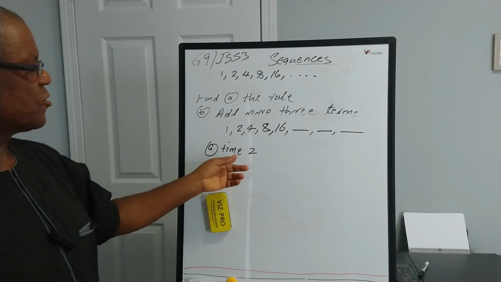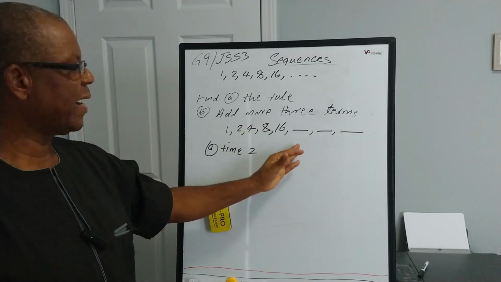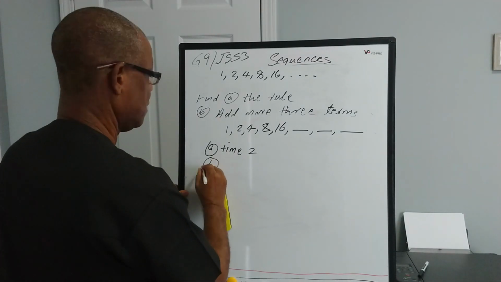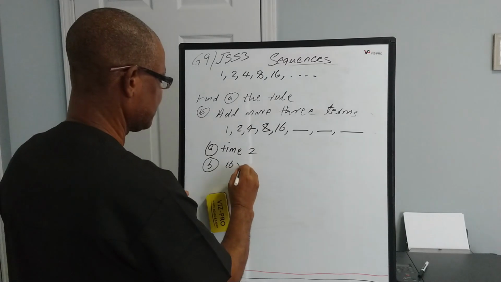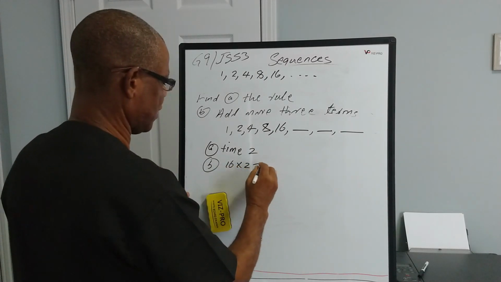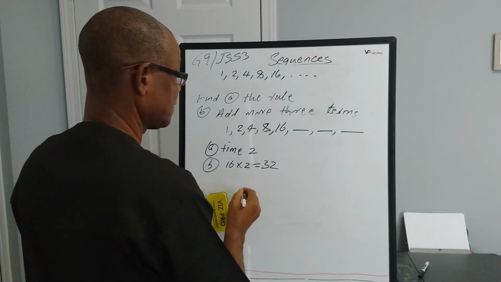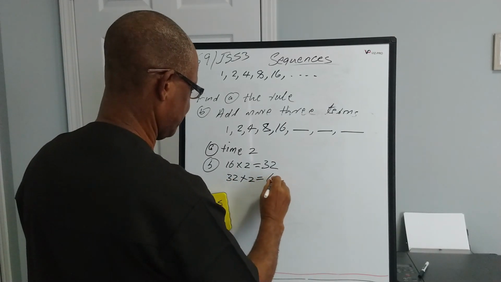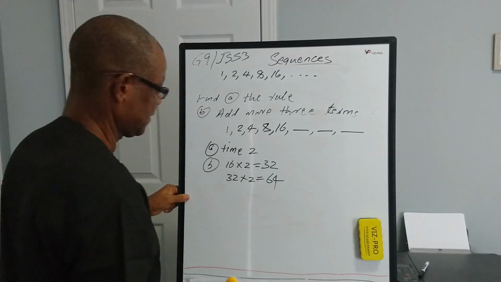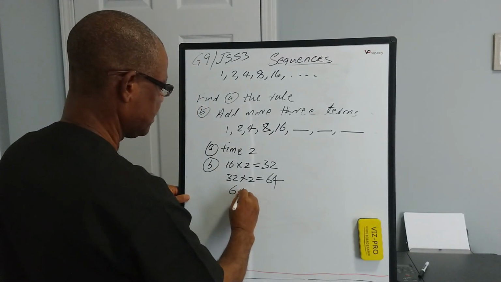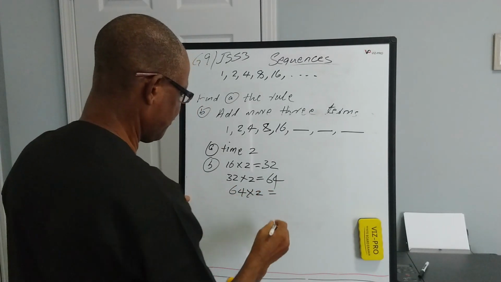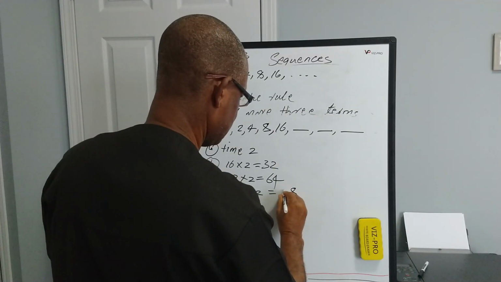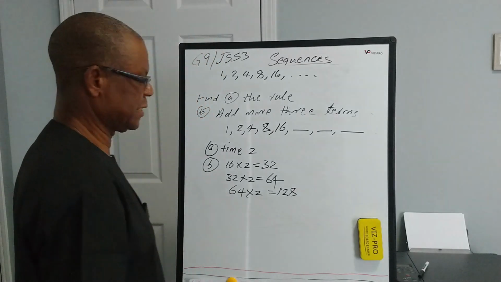And so by this rule we have found, we can now find the more 3 terms. How do we do that? We have 16 times 2. That will give us 32. 32 times 2 will give us 64. And 64 times 2 will give us 128.